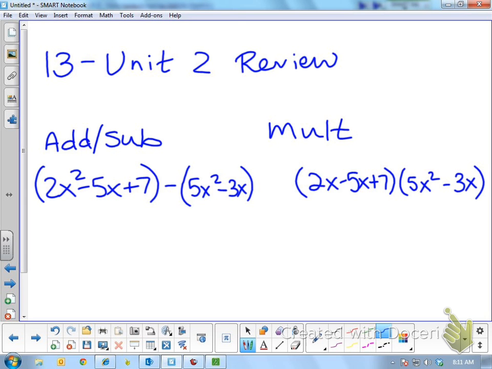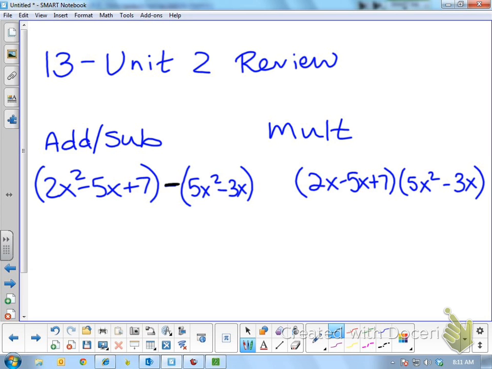So what's the only difference between these two problems? One's multiply and one's subtract, but why? Because on multiplying the two parentheses are together, on subtraction there is a sign in between. Exactly. On multiply, the two parentheses are touching. On addition and subtraction, there's a minus sign separating the two parentheses. That tells us to do these two problems differently.